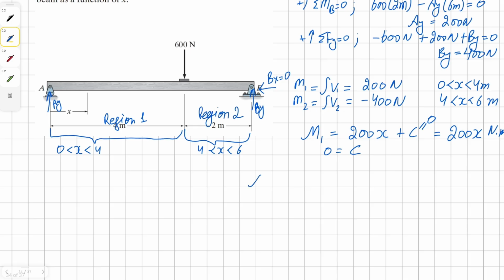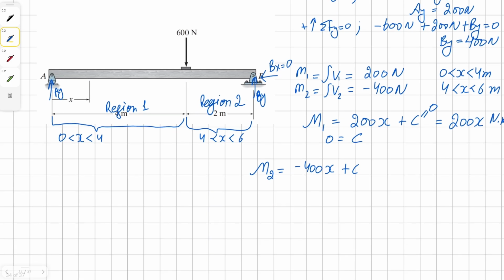Now for our moment for region 2, we're going to have negative 400x plus c as our initial equation. And now to find our value for c, we know that moment 2 will be 0 when x is 6.